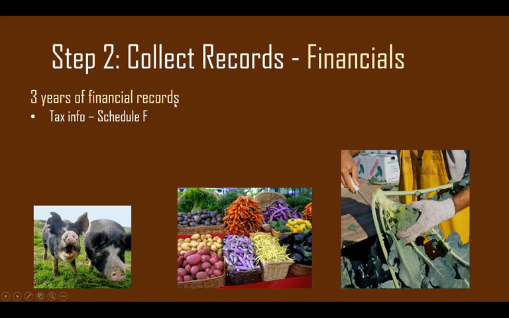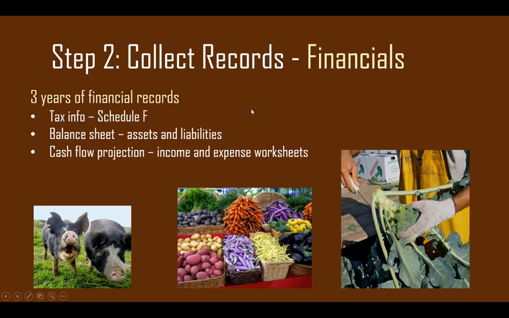So that's pretty important. So tax info, the Schedule F, a balance sheet with your assets and your liabilities. And again, there's another webinar that will really detail how to create this if you don't have it, and what it really means in a lot of detail.